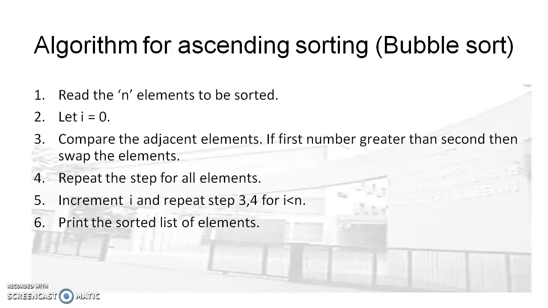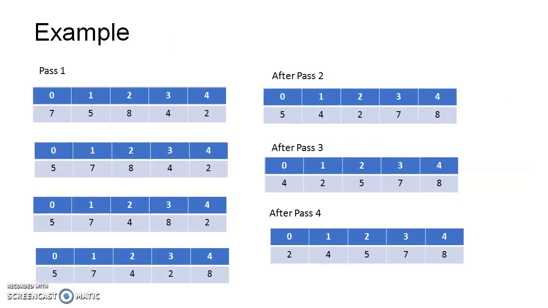As we are going to perform ascending order sorting, we will be organizing them from a lower value to a higher value. The steps are repeated for all the elements, and each time there will be an increment in I. This procedure continues till the value of I is less than n, that is the total number of elements. Once I reaches the value of n, the sorting process stops and then print the list of sorted elements.